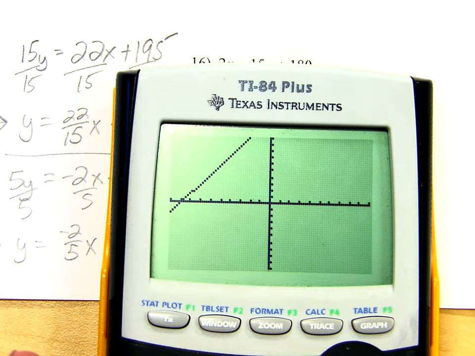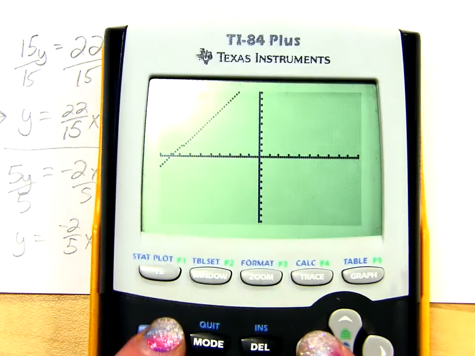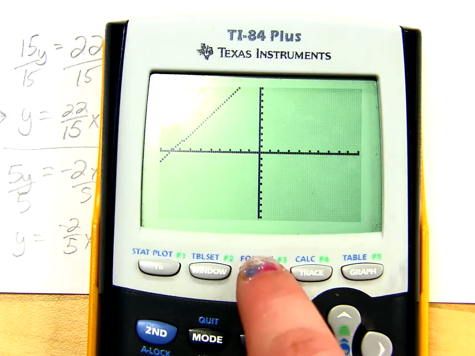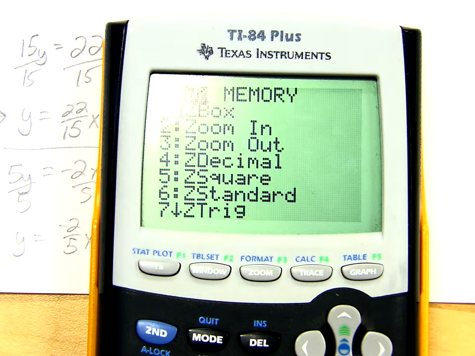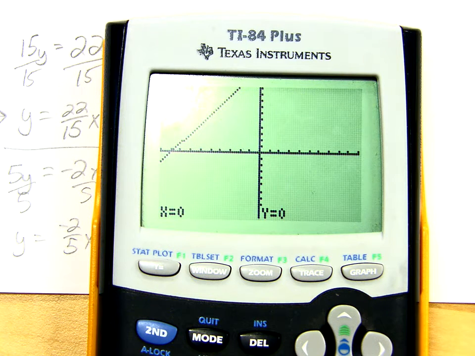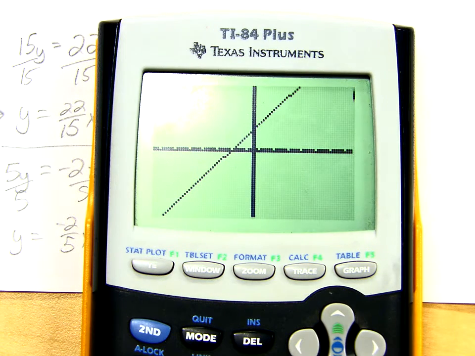I don't have both lines. So for me, maybe I should zoom out until I can see that second line. So just to recap how to do that. Zoom is the middle button. Zoom out, so I want choice 3. And then you have to hit enter and let it do its work. Okay, all right, now I can see both lines.